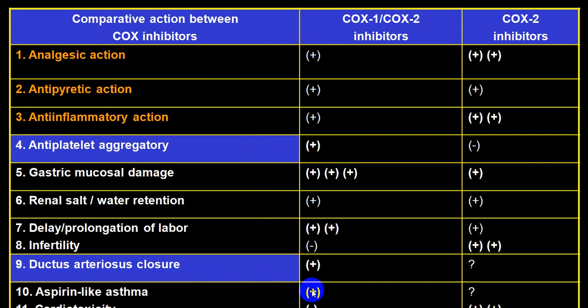So side effects: while COX-2 inhibitors have no side effects on ductus arteriosus and no effect on the respiratory passage. As far as cardiotoxicity is concerned, there is a question mark, that is with celecoxib. They are cardiotoxic or they have a high chance of stroke and myocardial infarction. So there is always a question mark whether to use or not to use.